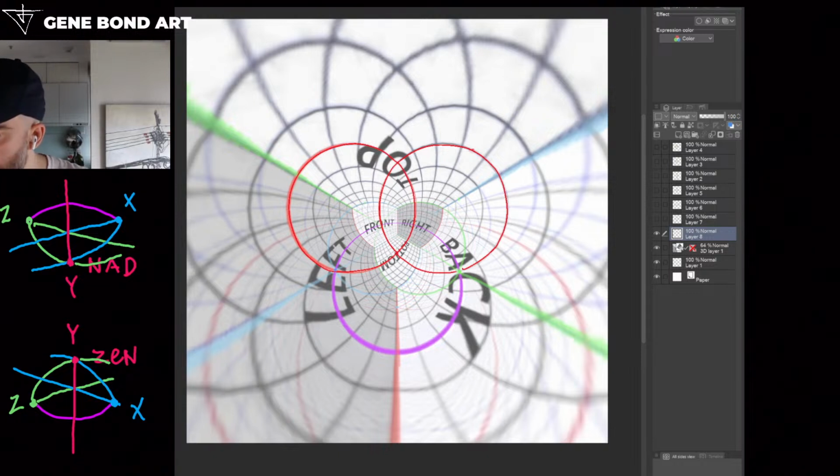So we have a circle for Z at 45 angle. And we have a circle for x at 45 angle. This and the horizon line here is also a circle.